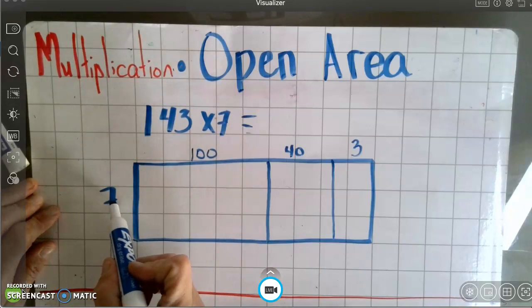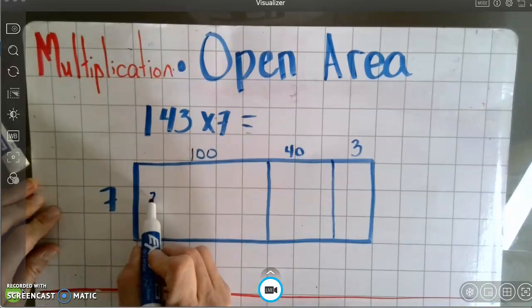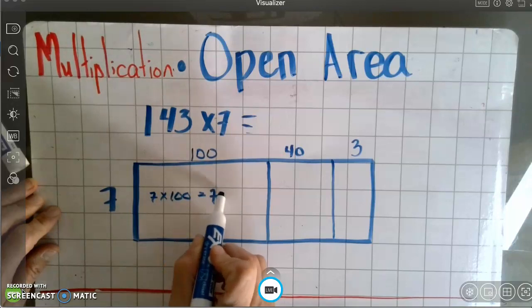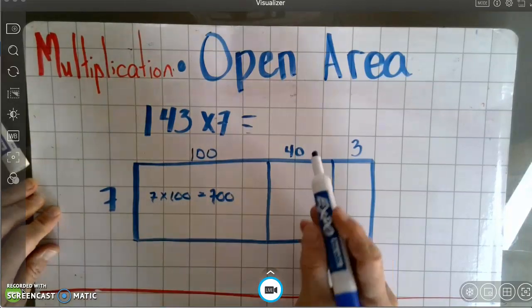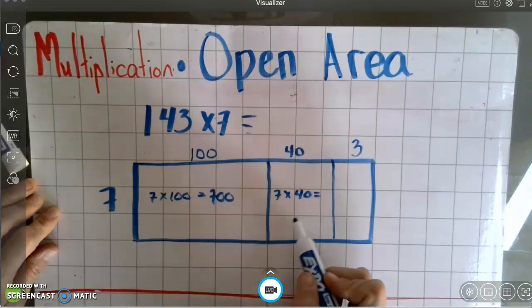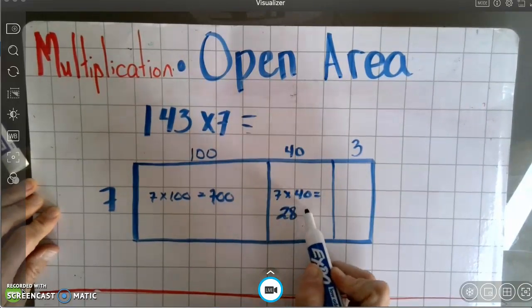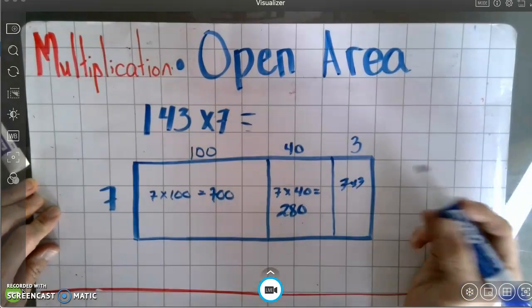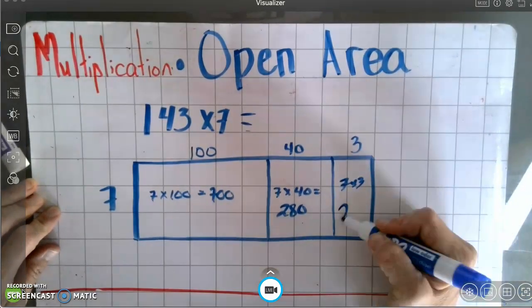So 7 times 100 is 700. 7 times 40 is 280. And 7 times 3 is 21.